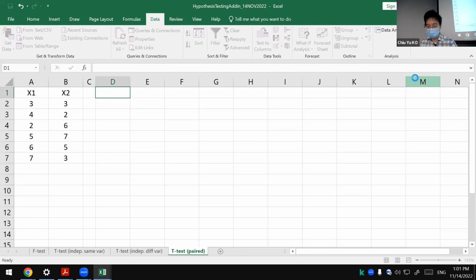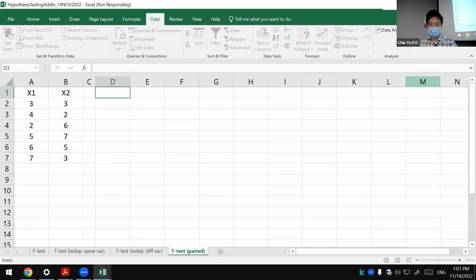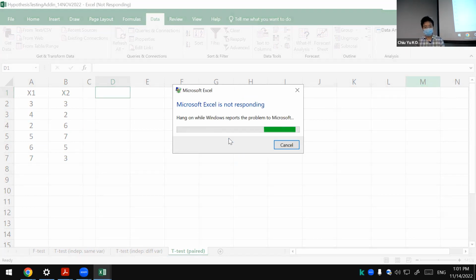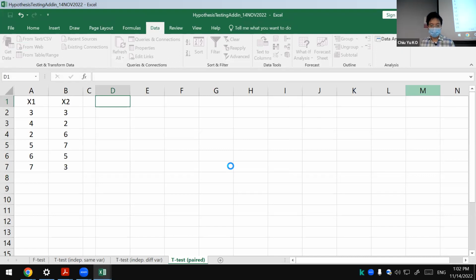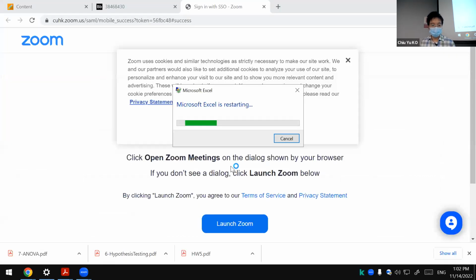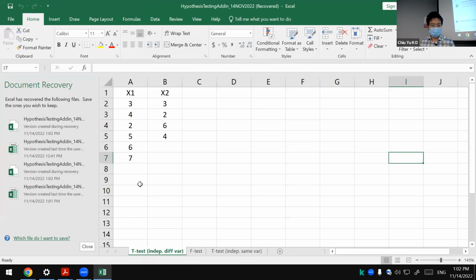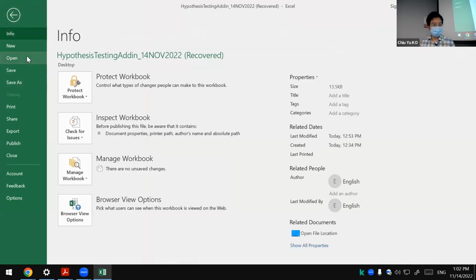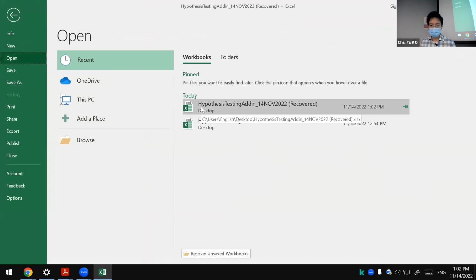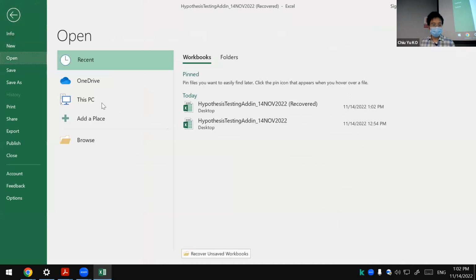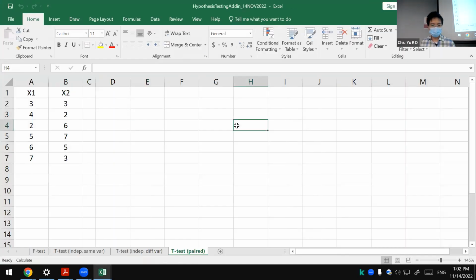There must be some reason why this Excel didn't work as intended. Not working.